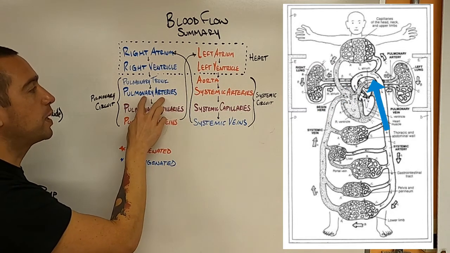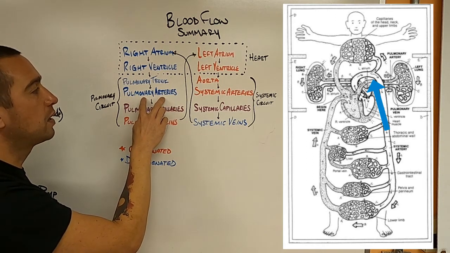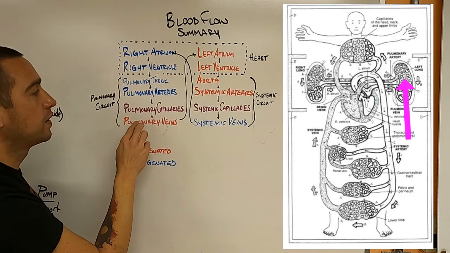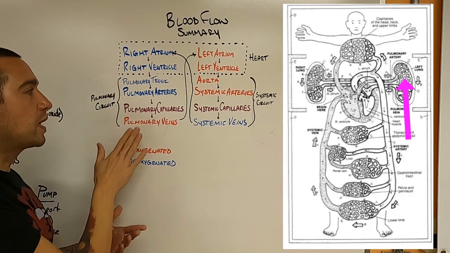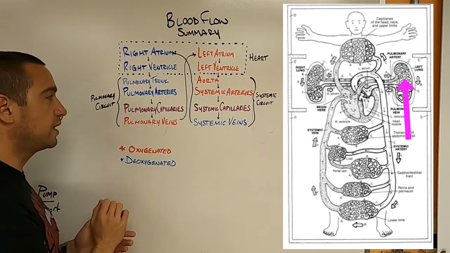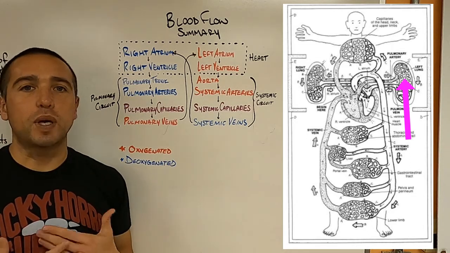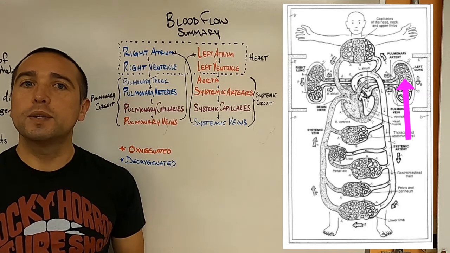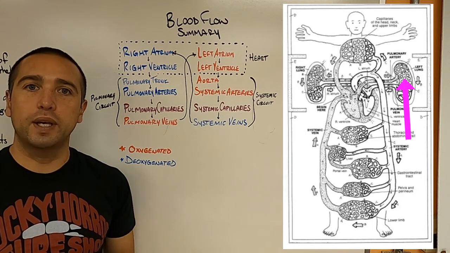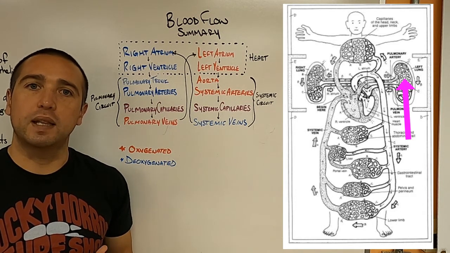It branches into two pulmonary arteries that go to the lungs, where they branch into pulmonary arterioles, and finally pulmonary capillaries, where the blood changes color from deoxygenated to oxygenated. So here at the pulmonary capillaries, the blood is depositing carbon dioxide to be breathed out and taking in fresh oxygen that is breathed in to carry to the body systems that require oxygen to function and live.